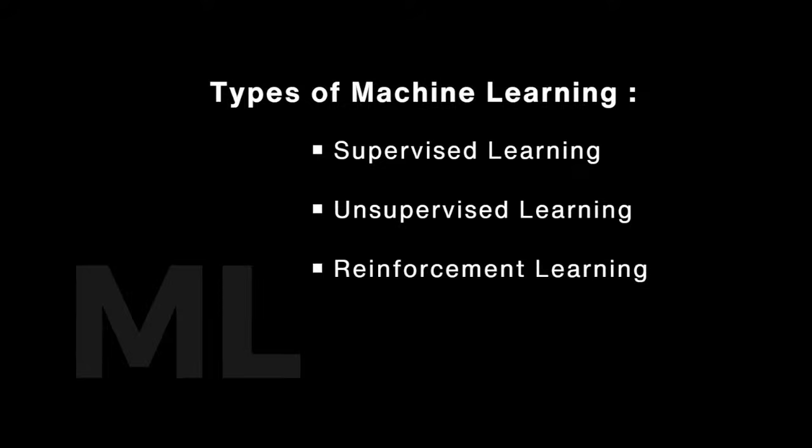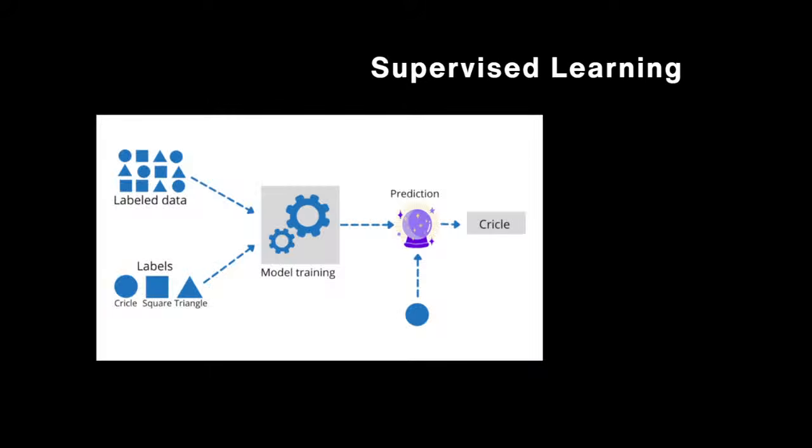What are the types of machine learning? Supervised, unsupervised, reinforcement. First we need to understand what is supervised learning. In machine learning we have three types, right? Supervised, unsupervised, and reinforcement.